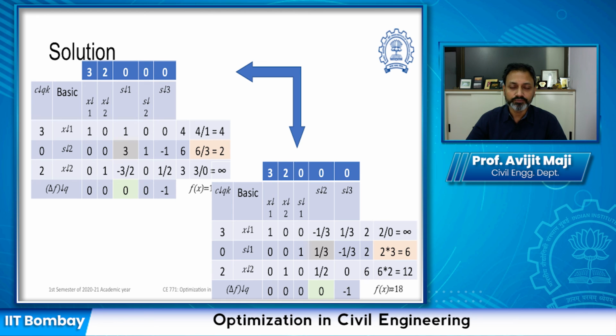Now, one thing you have noticed: the number of rows in your tableau increases with the number of constraints. In many real-life engineering problems, you may end up with many variables and many constraints. If you have a sufficiently large number of constraints, the number of rows in your tableau is going to increase, and as it increases, your computational effort is also going to increase.